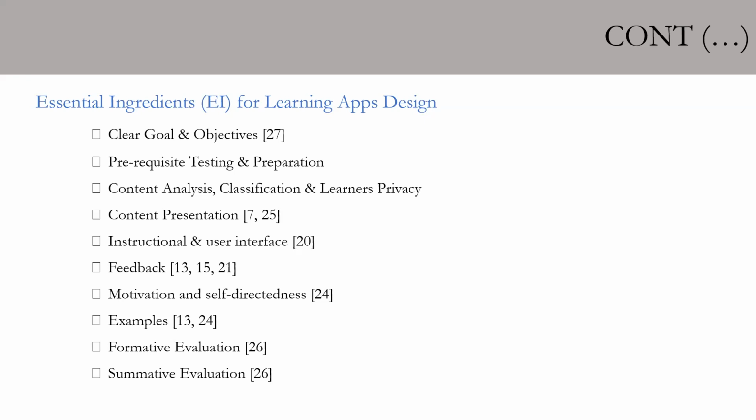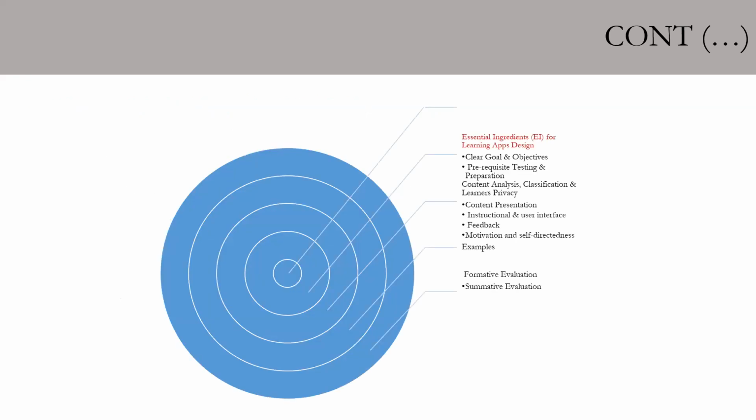The next ones are content analysis, classification, and learners' privacy; content presentation, instructional and user interface; feedback. The most important ingredient is feedback. Then motivation and self-directedness, examples, and assessment. This is the pictorial representation of all these essential ingredients.